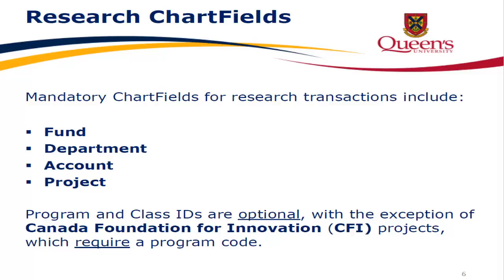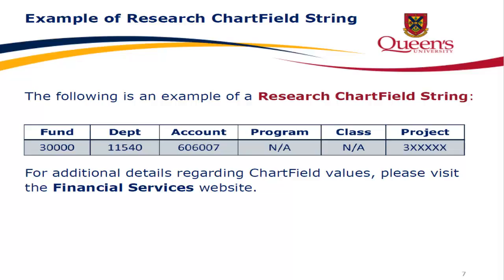Program and class IDs are optional, with the exception of Canada Foundation for Innovation, or CFI projects. These projects require a program code. The following is an example of a research chart field string. For additional details regarding chart field values, please visit the Financial Services website.